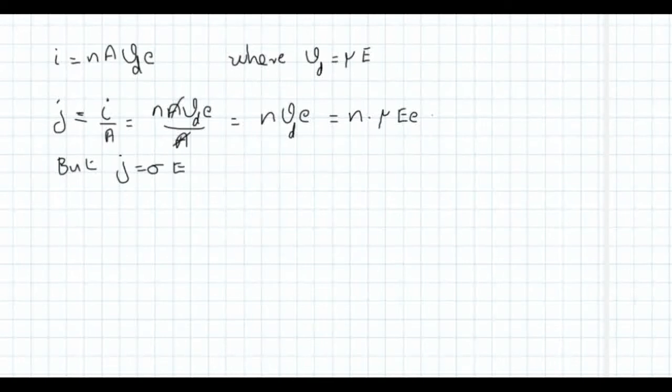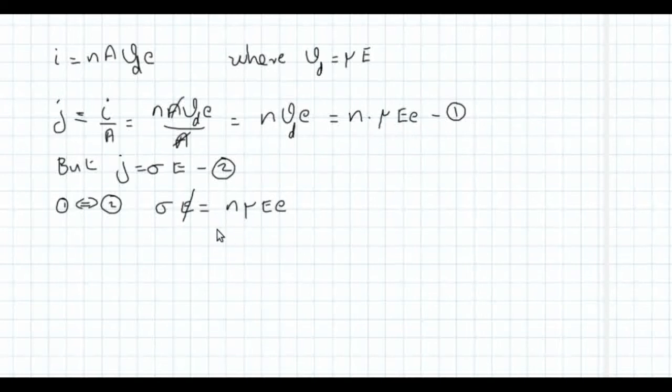Therefore we can write the current density J is equal to n into e into mu into E. But from the previous discussion we have seen that J is equal to sigma E. Now therefore we can compare J is equal to sigma E and J is equal to n e mu E. That means sigma E is equal to n e mu E. Here both E's, that means both the strengths of the electric field, will cancel on both sides of the equation.